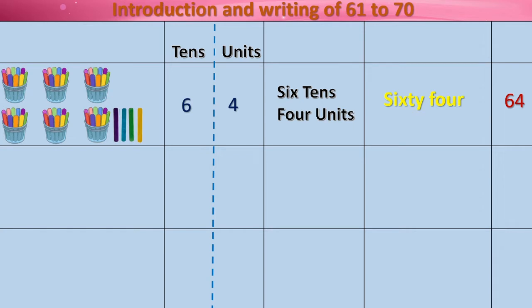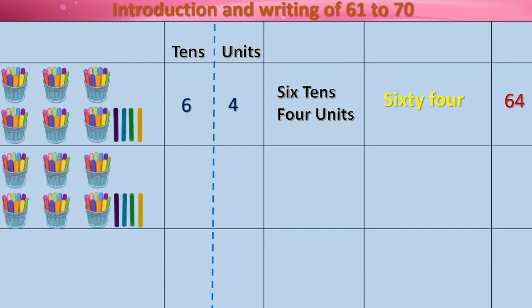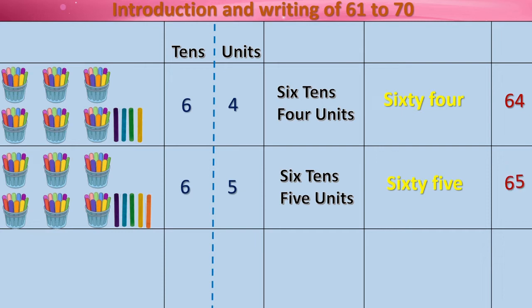That makes 64. Yes, further step is we are going to add one more stick to these 64 sticks. Right? That gives us 6 tens, 5 units. We'll write in words 6 tens and 5 units that give us the number 65. That is nothing but 60 and 5.